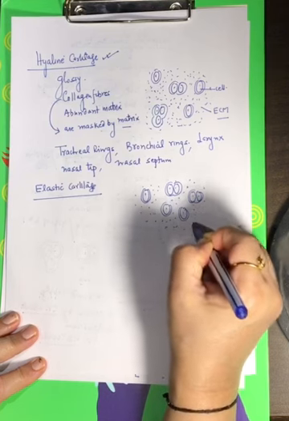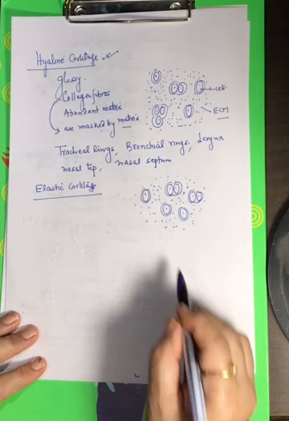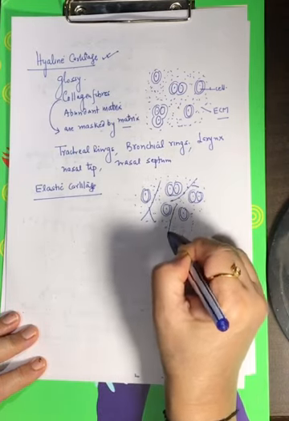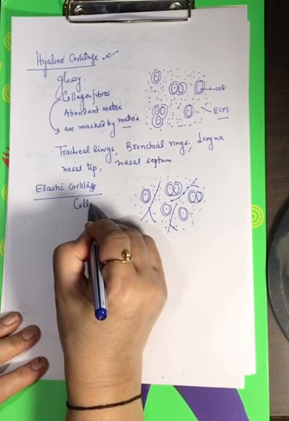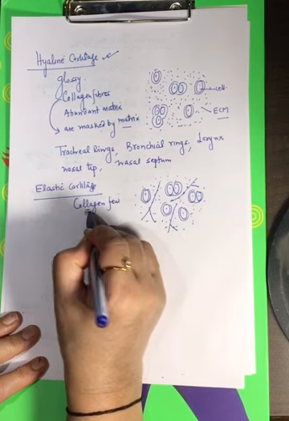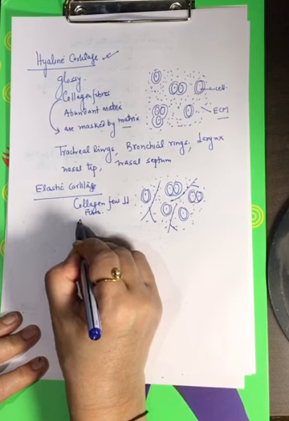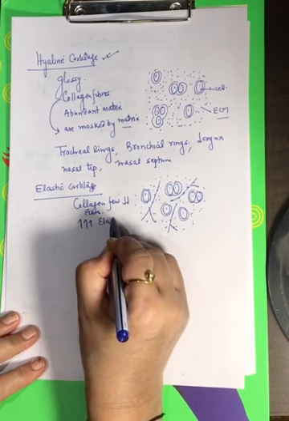See, the cells are widely separated. It is a connective tissue, and then we have elastic fibers. So the collagen fibers are very few, right? And we have more of the elastic fibers.